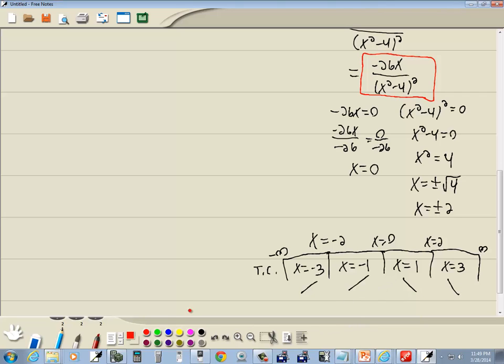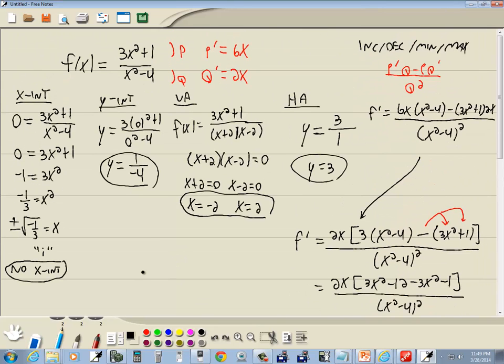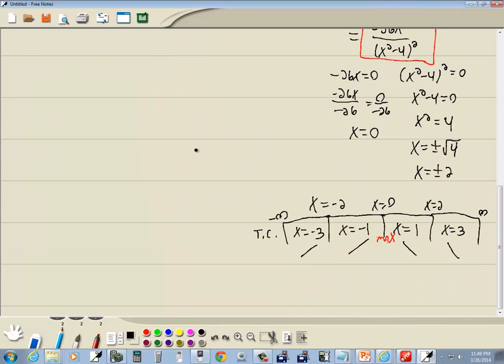We have 1 max, assuming the original problem exists at 0. If I scroll up, it does exist at 0. So our max is going to be 0 comma something.